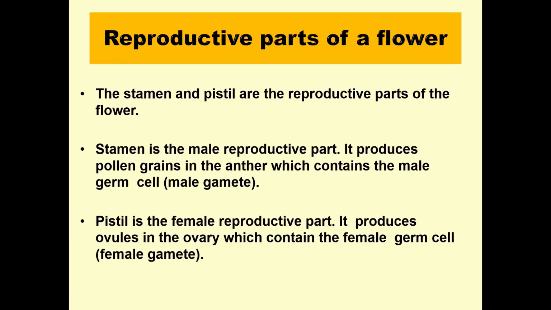And inside the pollen grains, there is the male gamete. Pistil is the female reproductive part. This produces ovules in the ovary. There may be one ovule or many ovules depending on the species of the plant. And the ovule contains the female gamete.